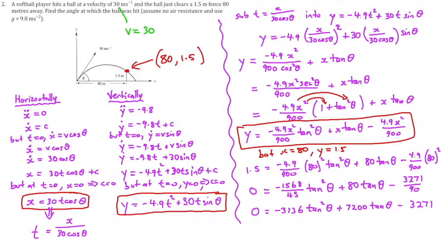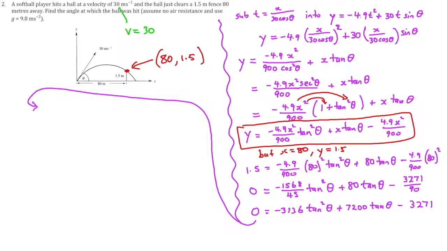Wow, now we're getting there and I'm running out of room, so I'm going to come over here and create some space. So let's solve this. Now instead of having an x, we have a tan squared theta and a tan theta. So I'm going to use the quadratic formula, but instead of writing x equals, I'm going to write tan theta equals.